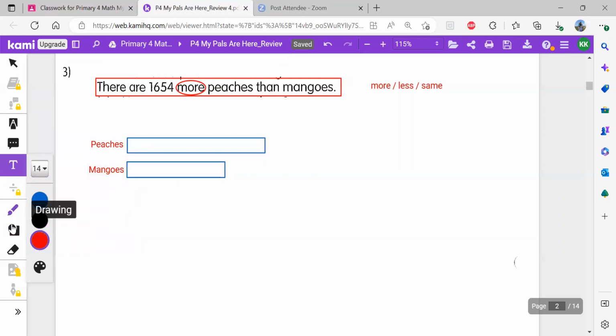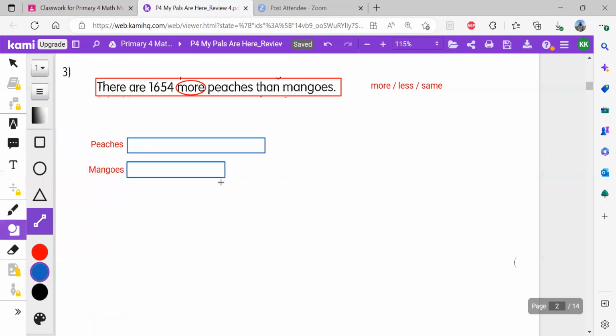Once again, in model drawing, I want to make sure that the models are cut to the same sizes. They must have the same starting point. And then that's it.